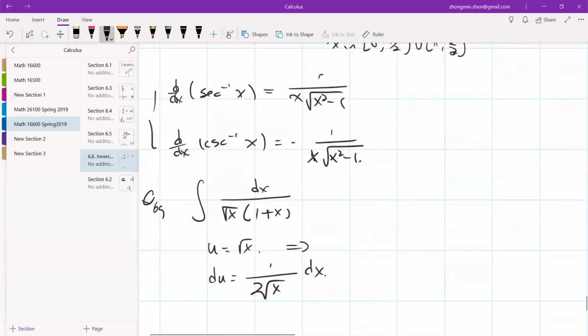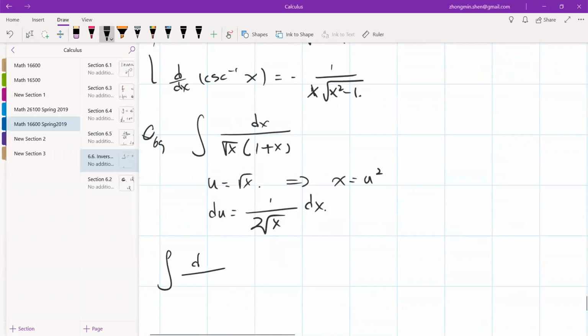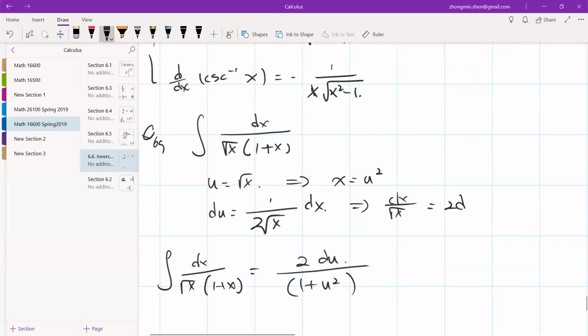Then this also implies that x equals u squared, right? So now the integral becomes 1 plus u squared, and dx is going to be twice u du, because this implies.